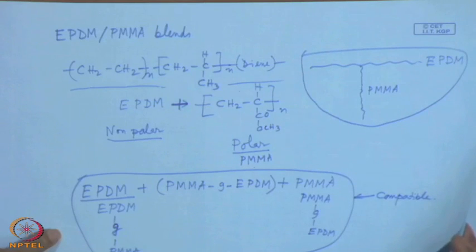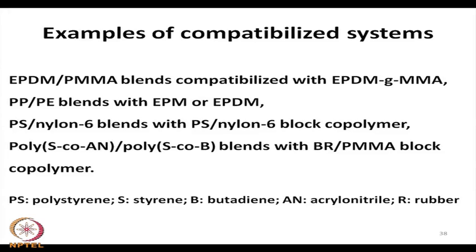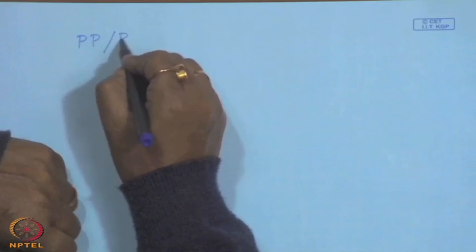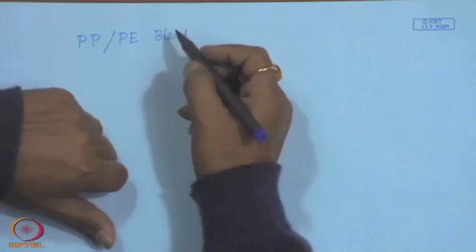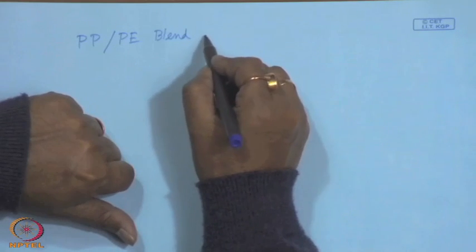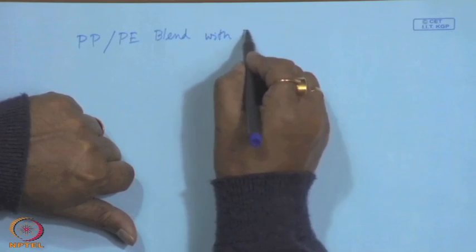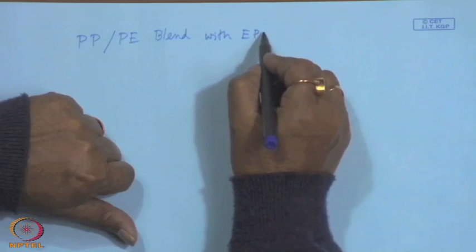There can be other examples. PP polypropylene, polyethylene blend with EPM, ethylene propylene rubber.